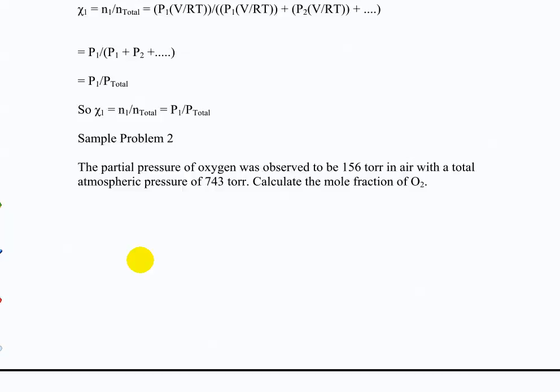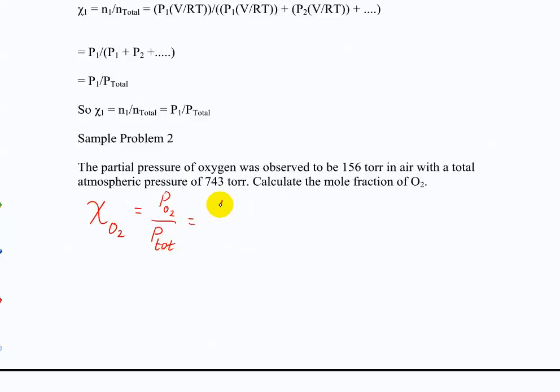We know the partial pressure, but we don't know the moles of oxygen, and we don't know the moles of all the rest of the air either. So we can't really do that directly using ideal gas laws. But we can do it using the idea of partial pressures and using this relationship that the mole fraction of oxygen equals the pressure of oxygen divided by the total pressure.